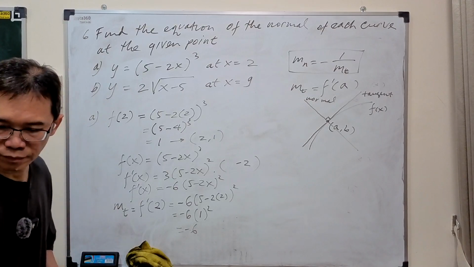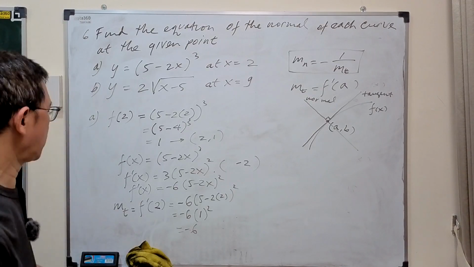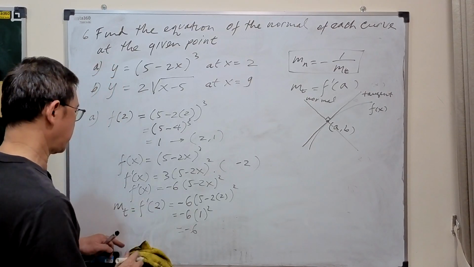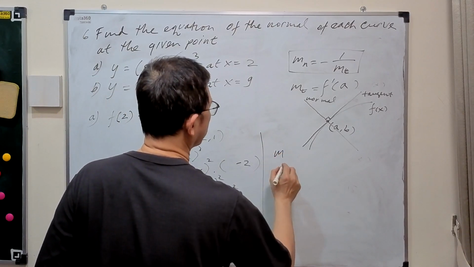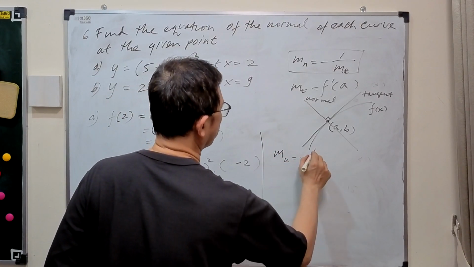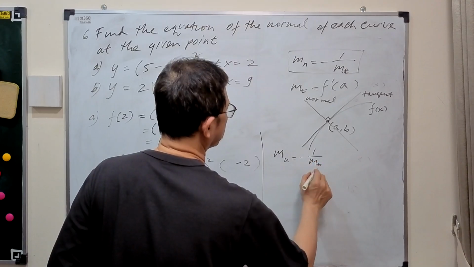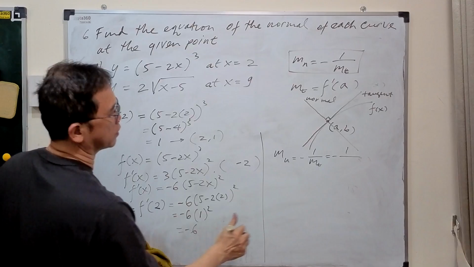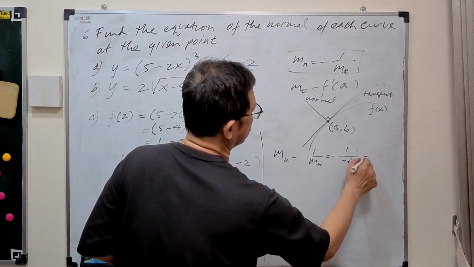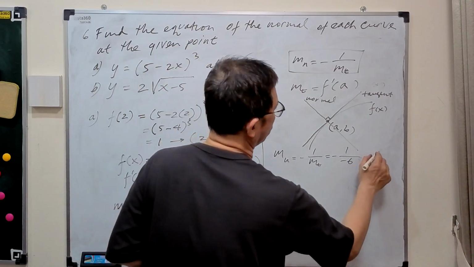Now let's find the gradient of the normal, which is -1 over the gradient of the tangent. Then this will be -1 over -6, so the gradient of the normal will be 1 over 6.